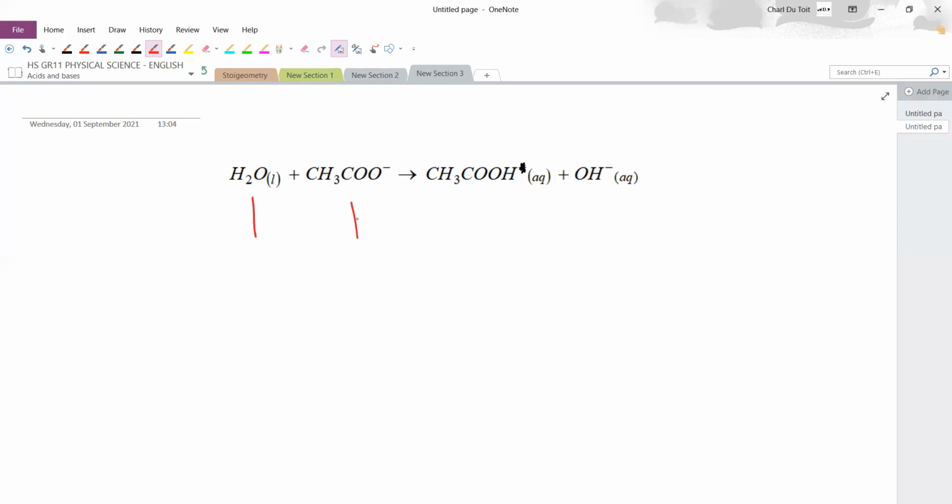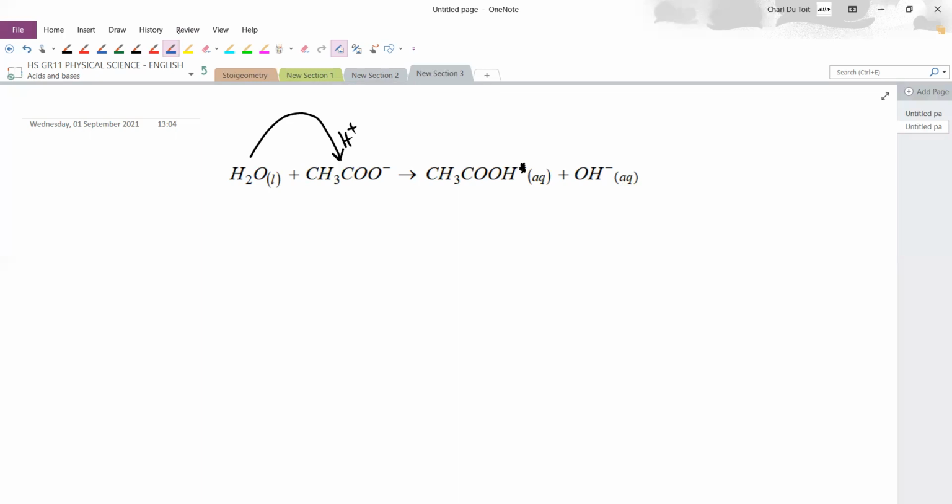The CH3COO minus, that's a base. The water is donating a proton to the CH3COO minus. But sir, I thought you said acids. Which one is the acid?